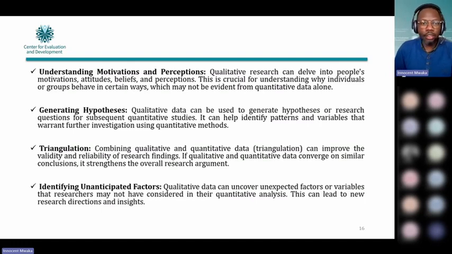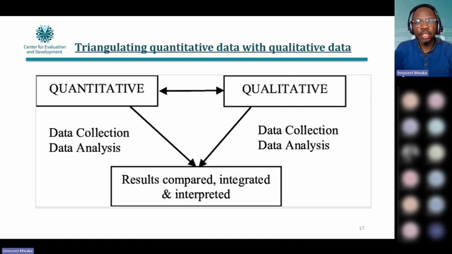And then to triangulate quantitative and qualitative data. And this is also what I want to then focus on as a closing part of the presentation, just to explain a little bit more on the triangulation.